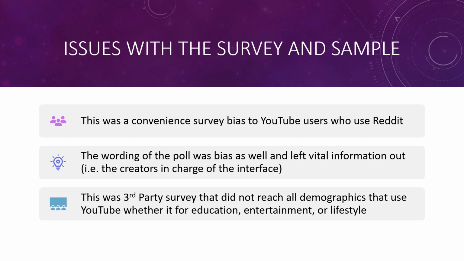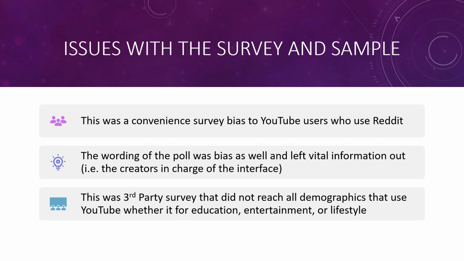Just like all surveys and samples taken in the past, there are mistakes being made, and those are the issues we're going to address right now. The first is that this was a convenience survey biased to YouTube users who use Reddit. So it's not just based on YouTube users, it's on YouTube users who are on Reddit.